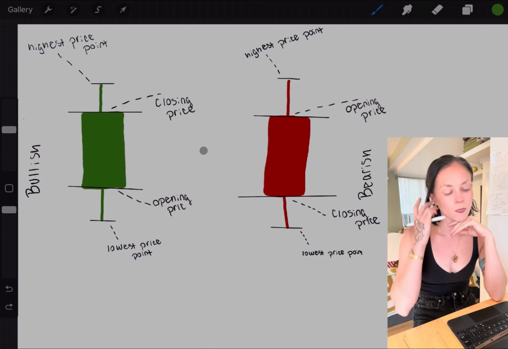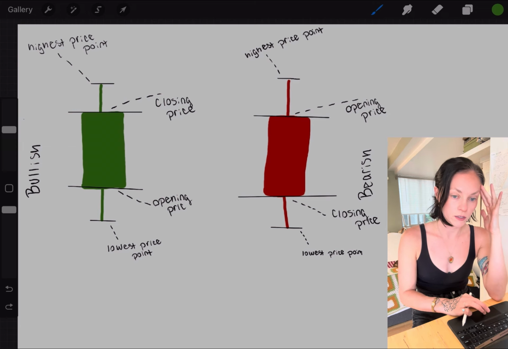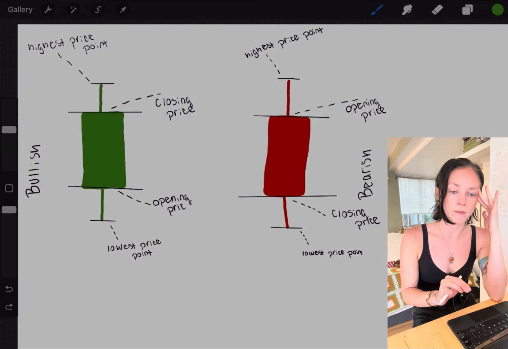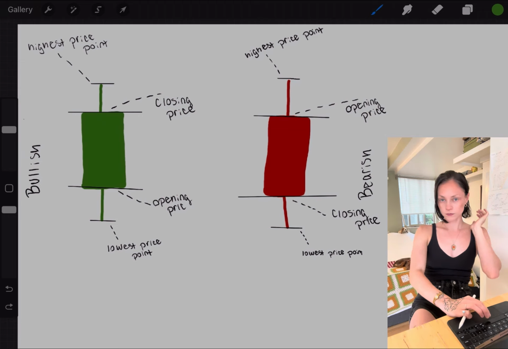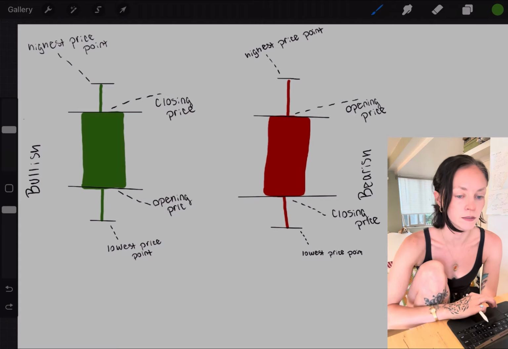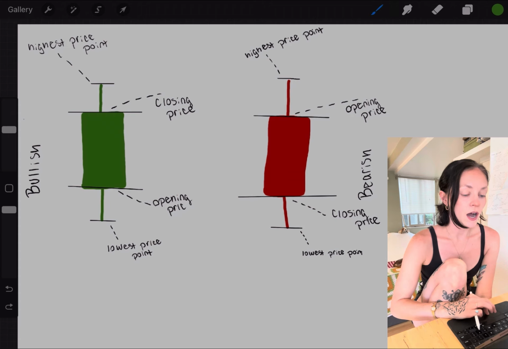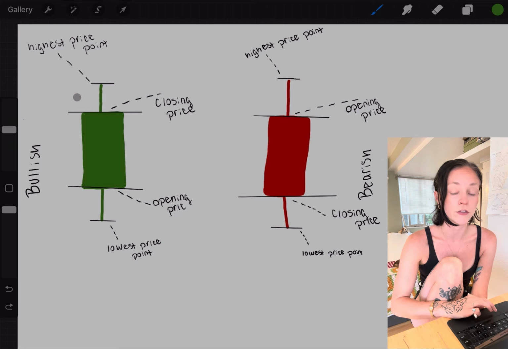Okay. So, to be clear, the open is the price at the beginning of the time period. The close is the price at the end of the time period. Okay. I hope that makes sense. The highest price reached during the period is going to be visible by the wick.